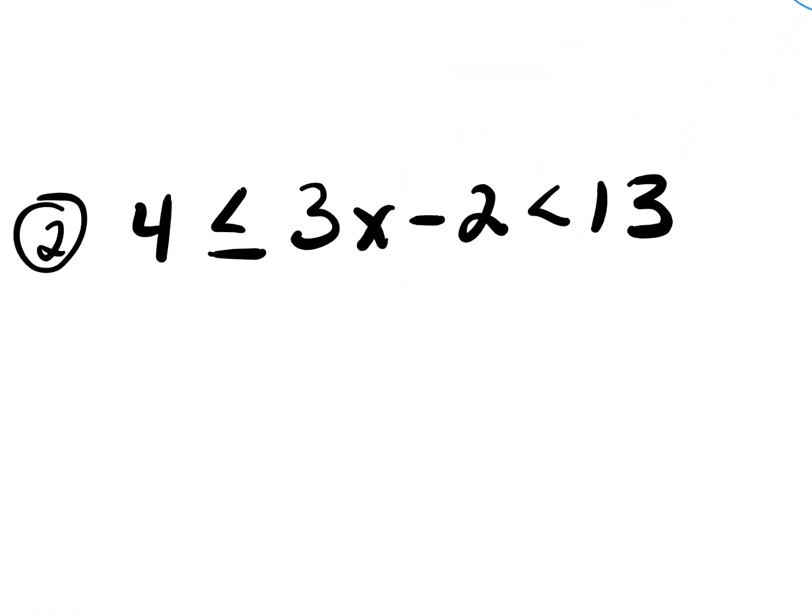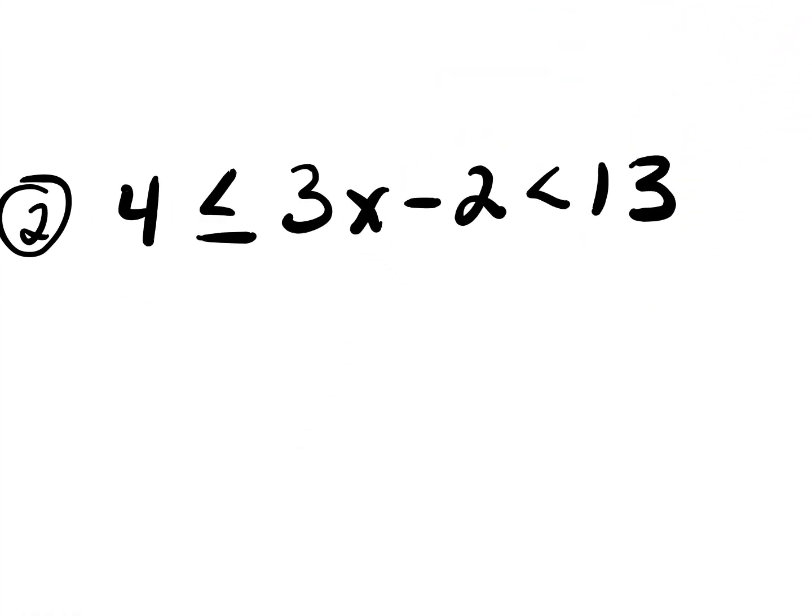All right, look at the next one. How is this one a little different? There's 2 sides. X is where? In the middle. When you have an inequality like this, you have to treat each side separately. What you do to the right-hand side, you have to do to the left-hand side. So we are trying to isolate our X. We're trying to get X all by itself.